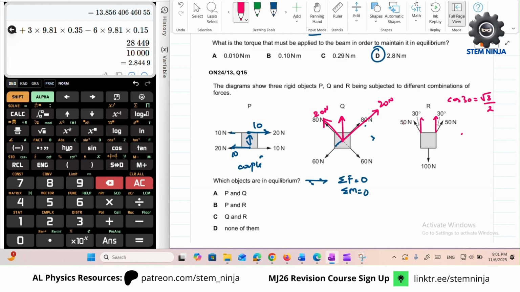So this is also not in equilibrium. Which objects are in equilibrium? Actually, none of them are. So basically over here you have not equal to 0, and even this is not equal to 0. So none of them. Oh, we do have an option for none of them. Okay, all right.